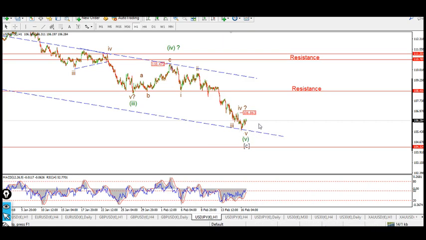So I think for next week I've shifted my focus to the upside now. I want to see a break of 106.86, which is this previous internal wave 4 here.